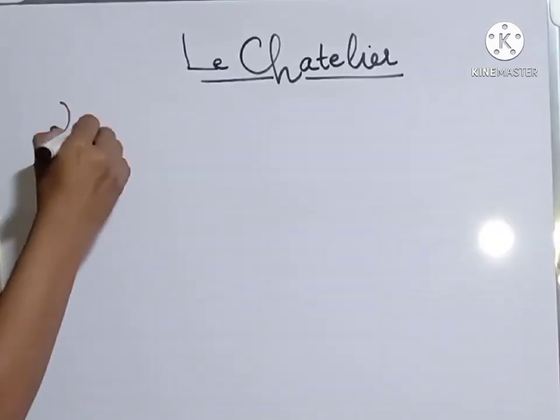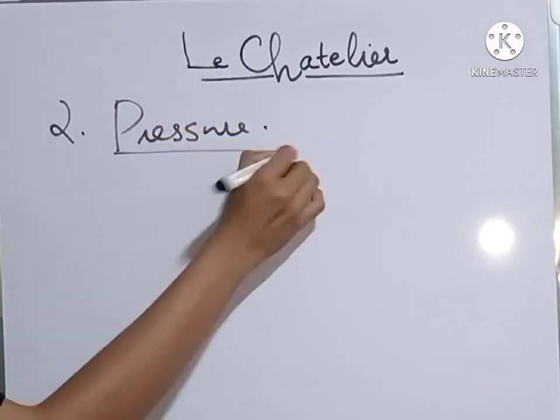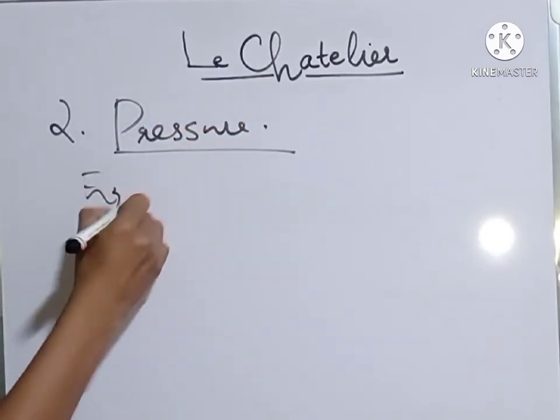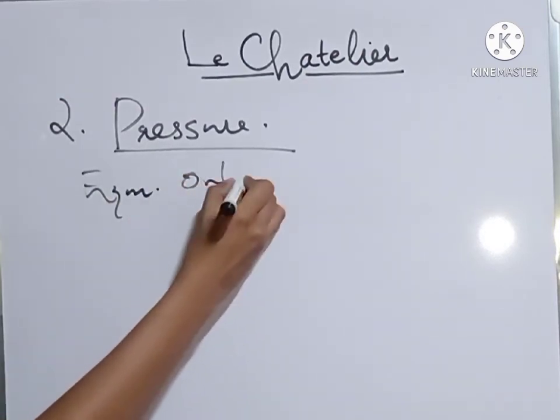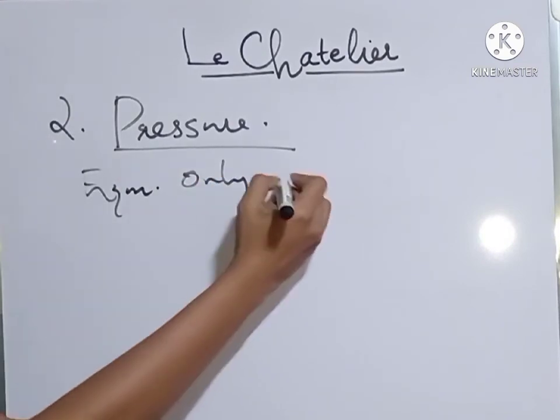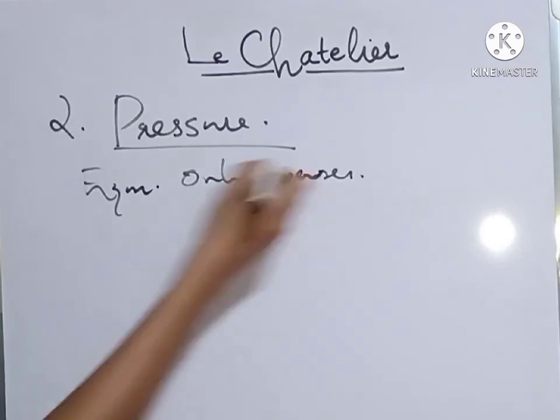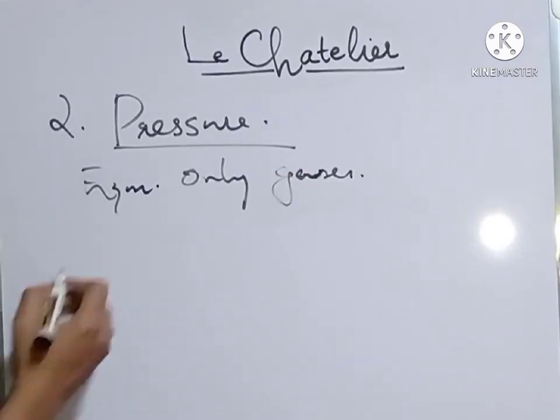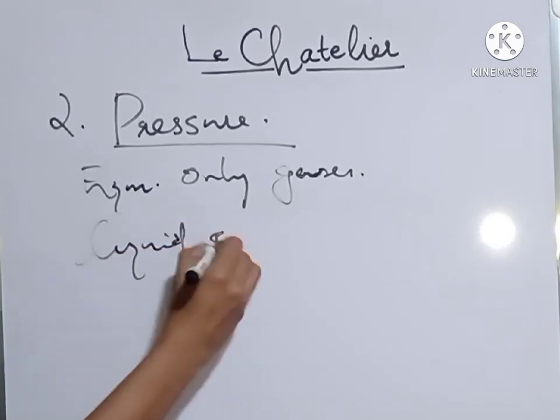Then the next factor is pressure. In an equilibrium reaction, pressure influences only when the reacting species or the products formed are gases. So the change in pressure is not applicable for liquid and solid systems.